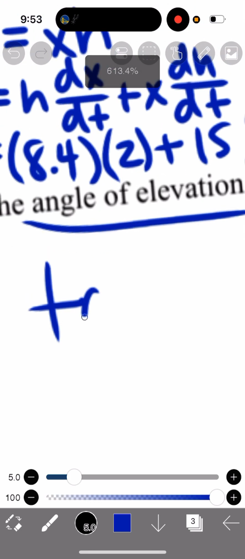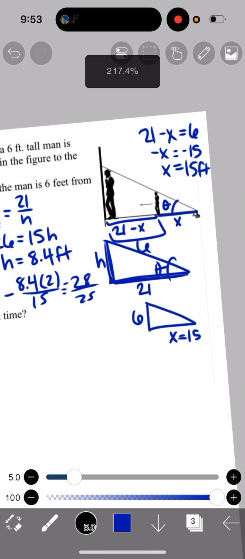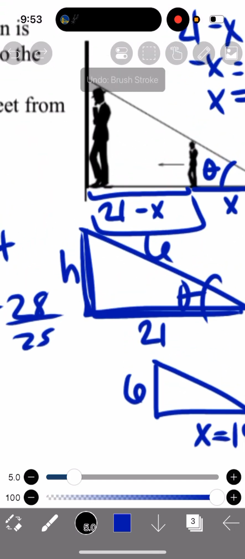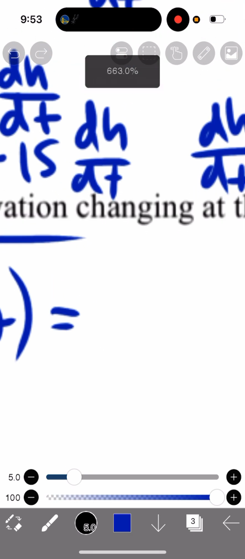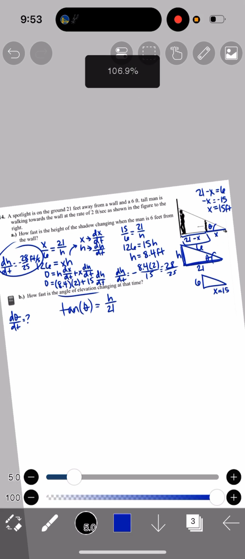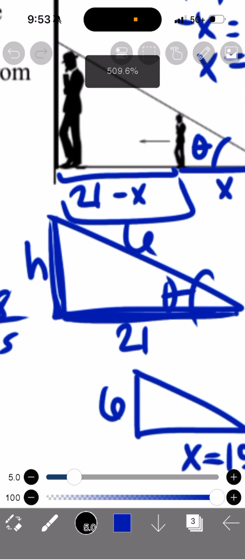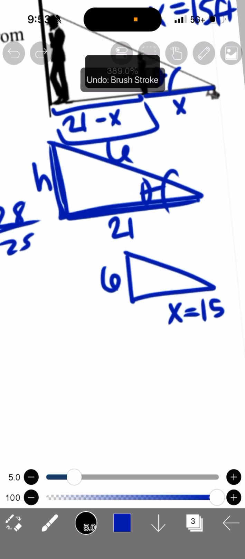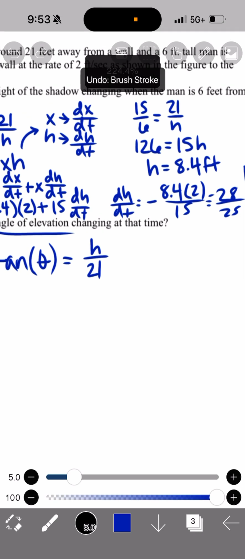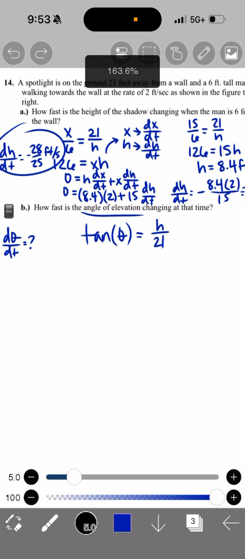So tangent theta is equal to opposite over adjacent, so h over 21. We don't want to plug in h here because 21 is going to be constant, but h is changing. So the same reason we made this x, we're going to keep this as h, because while we know it at this instant, we want to use it to find our derivative.